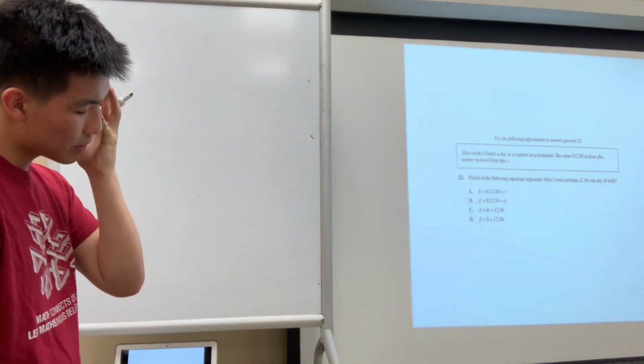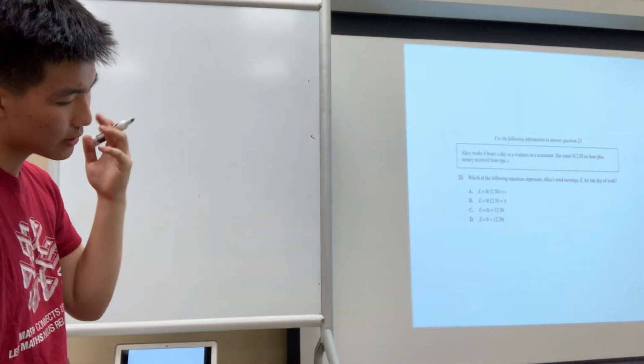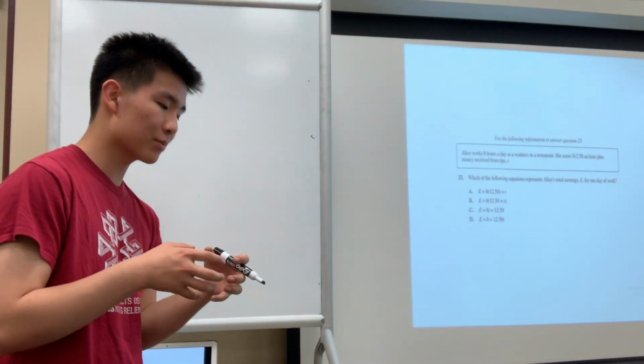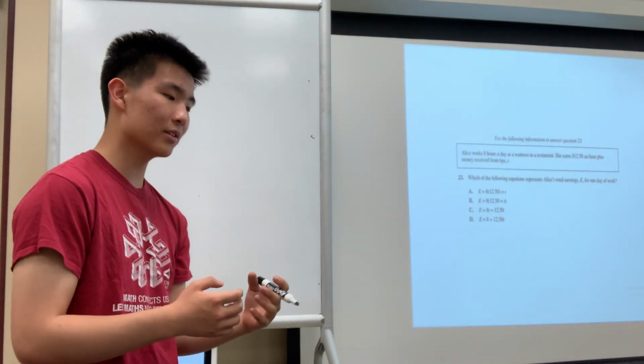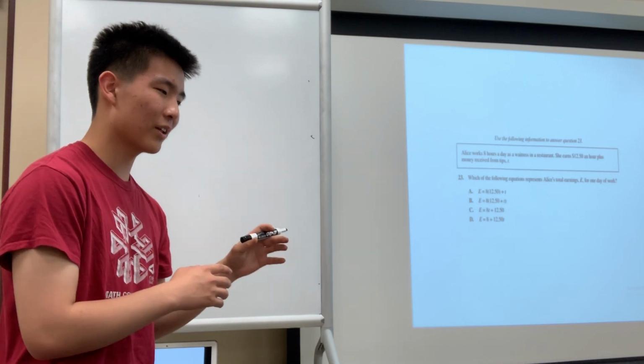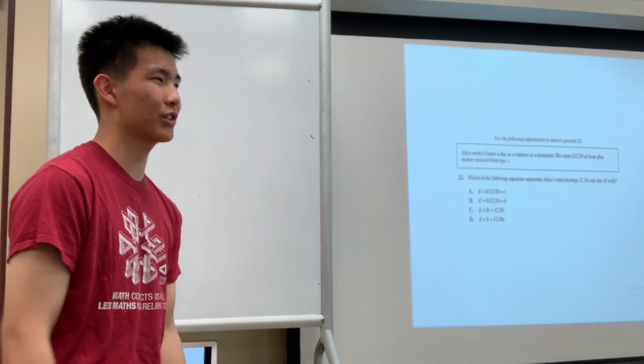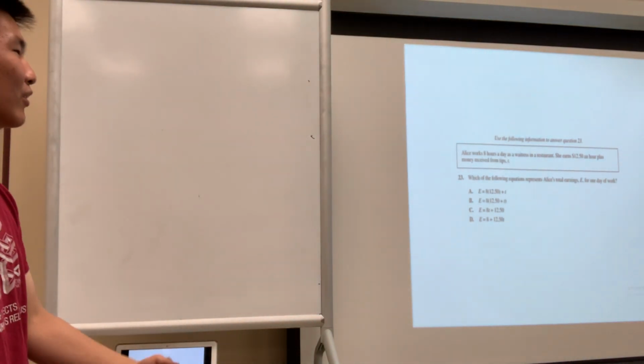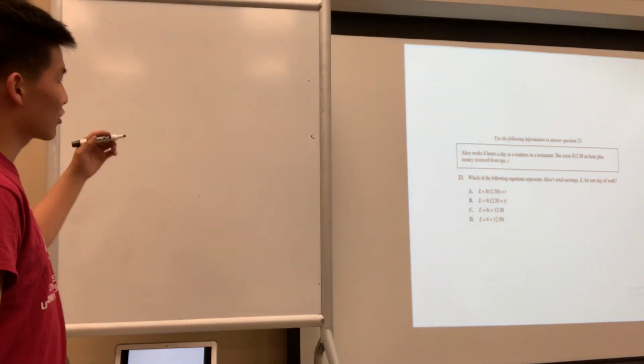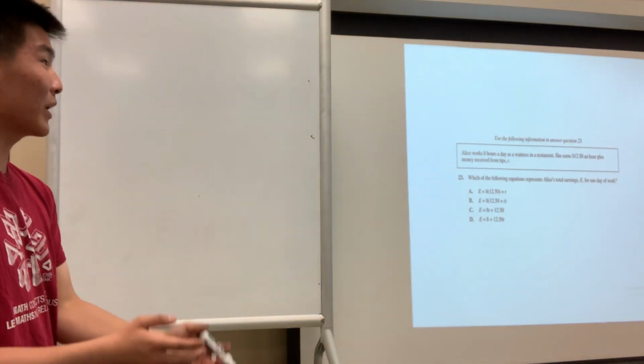What I think is the most important thing here is that you have to realize that the money she gets from tips is independent of the actual wages that she gets. The tips are just an add-on. So how much money does she get purely from wages?